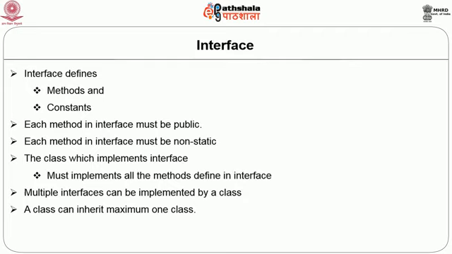In interfaces you can define methods as well as constants. For a method defined in an interface, you define only the method definition, meaning the method name and parameter names. You cannot implement the method, meaning you cannot write the logic or code block, just like an abstract method. The method you define in an interface must be public, as well as non-static, meaning you cannot define static methods in interfaces.